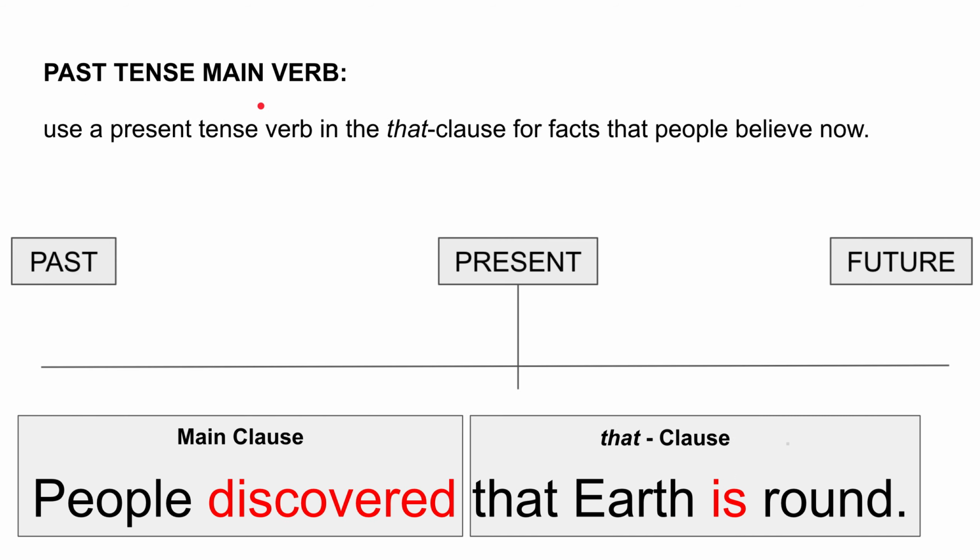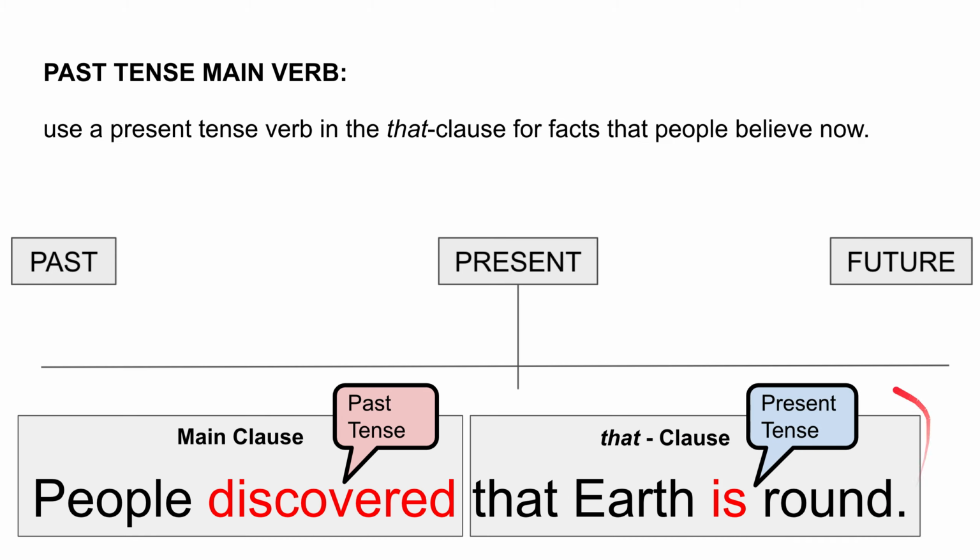Now, a past tense main verb can also be used with the present tense verb in the that clause for facts that people believe now. So here we go. My past tense main verb is discovered. People discovered. It's past tense. What is the that clause? That Earth is round. So here's a fact that we believe now, that we know now. It's a present tense fact.